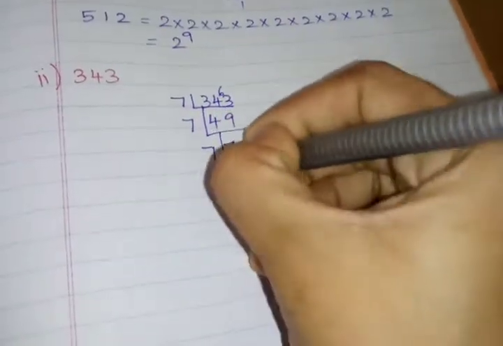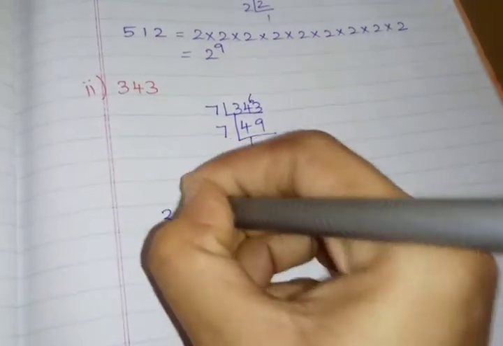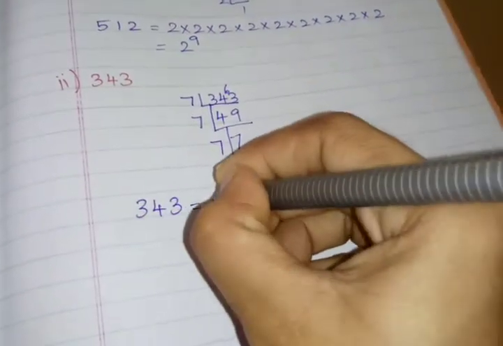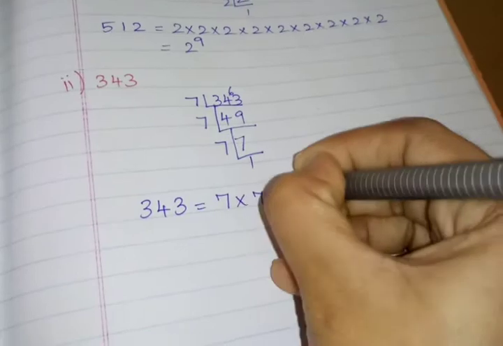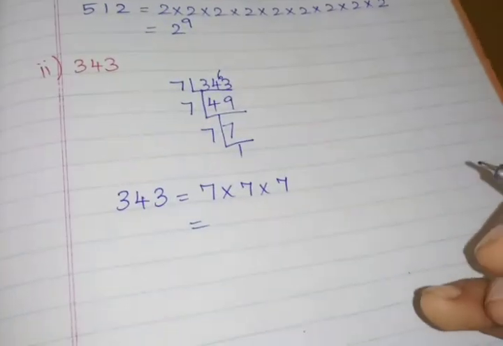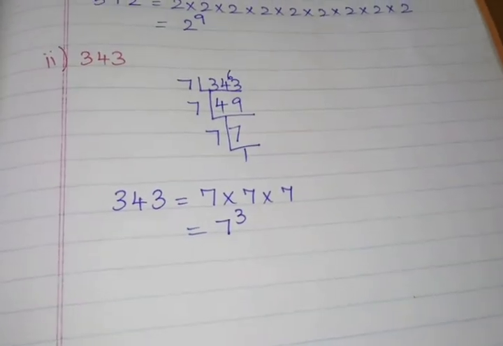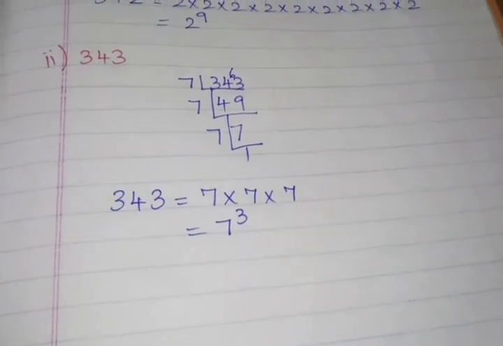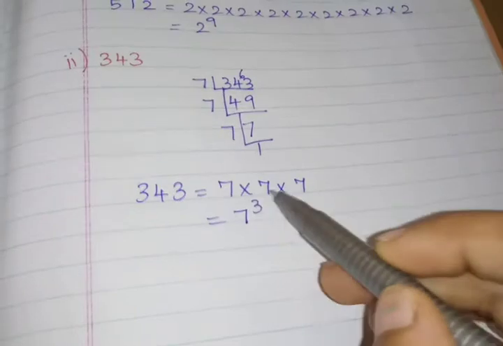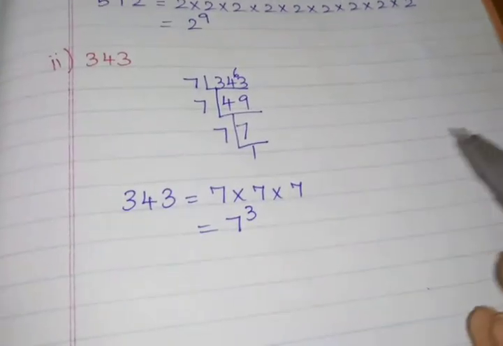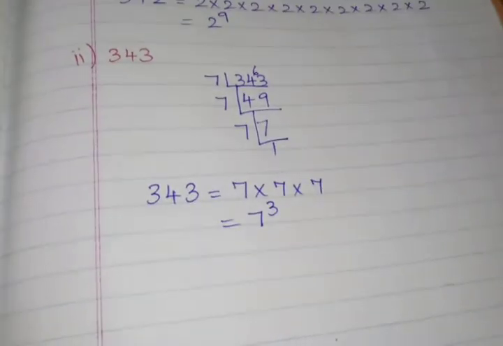So 7 1s are 7. So how will we write 343? 343 can be written as 7 into 7 into 7. So 343 is nothing but 7 cube because how many 7s are used, children? 3 7s are used. So 7 cube is your answer.